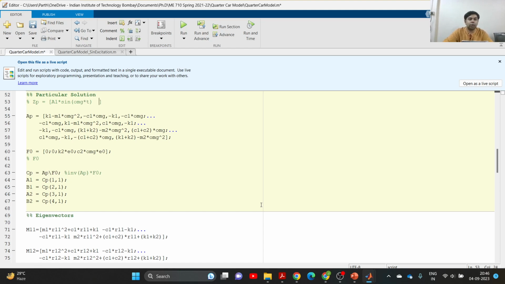We are assuming that the force is sinusoidal, so we assume a sinusoidal function to solve for the steady state response, and we are assuming that the force is acting at a frequency of omega.